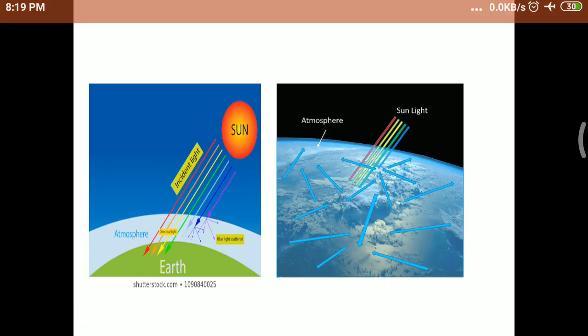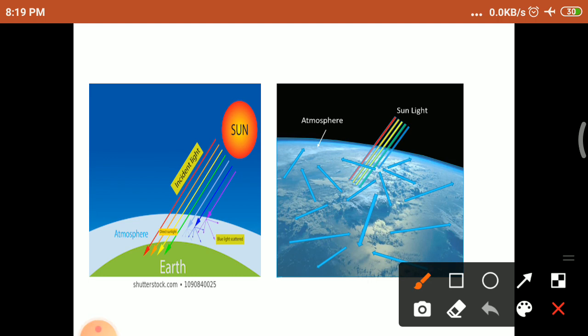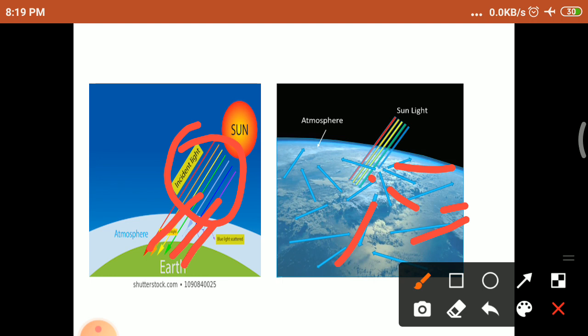Look at this image. You know that the sunlight consisting of the 7 colors. The 7 colors are entered into our earth atmosphere. Here the blue color only scattered more. So the sky appears blue. All other colors, the longest wavelength of red and yellow and green are not scattered. So the sky is not appear in red, yellow or green color.